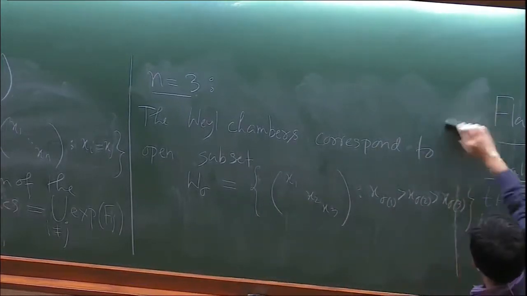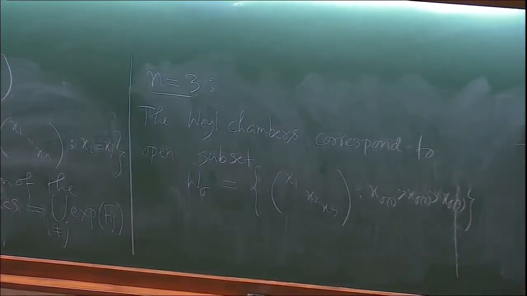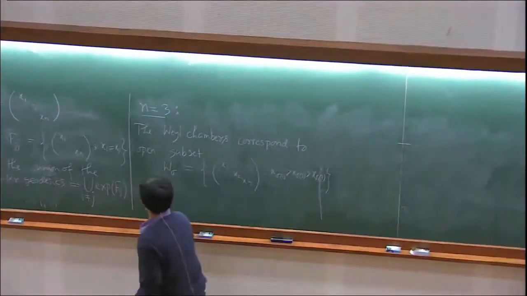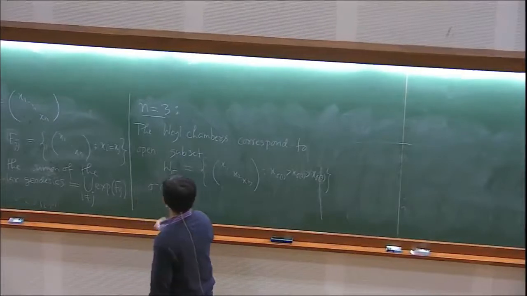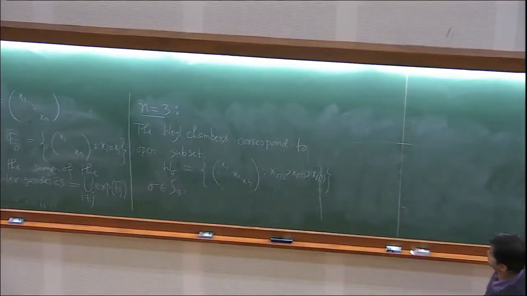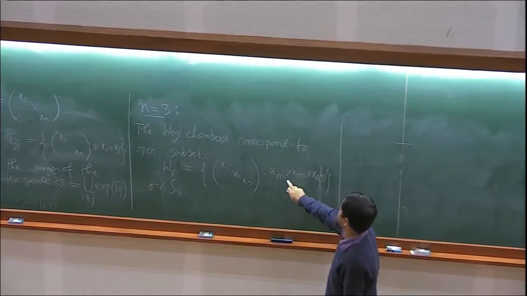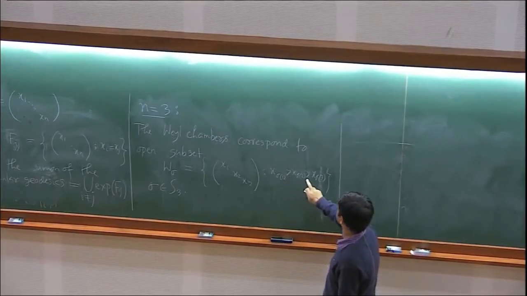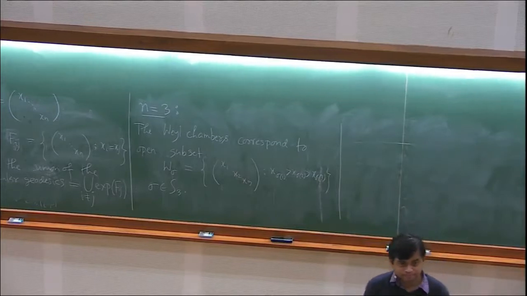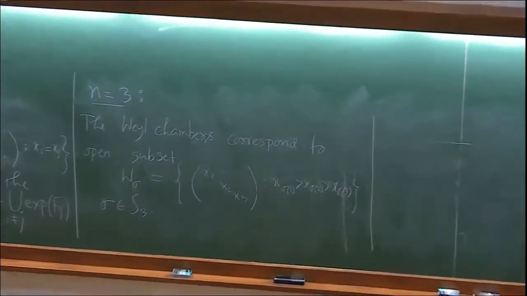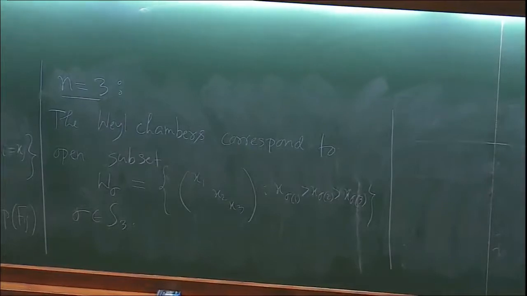Here sigma varies over the permutations on the letters 1, 2, 3, where sigma is in S3, the permutation group on 3 letters. So there are therefore 6 Weyl chambers. It is true in this generality also: in general you will have x sigma 1 bigger than x sigma 2 and so on, and that will correspond to the Weyl chambers. Okay, that's that.